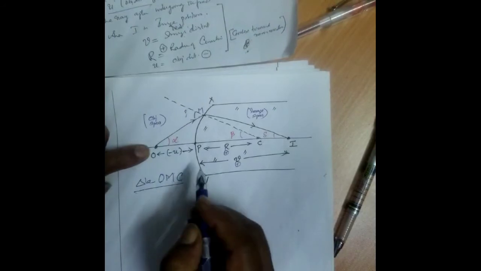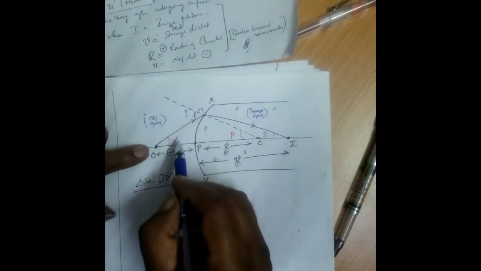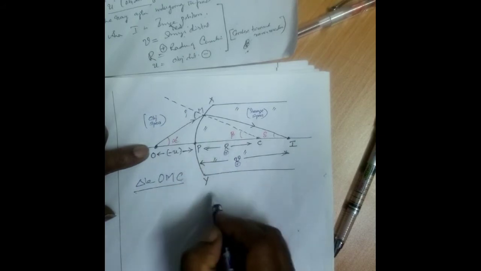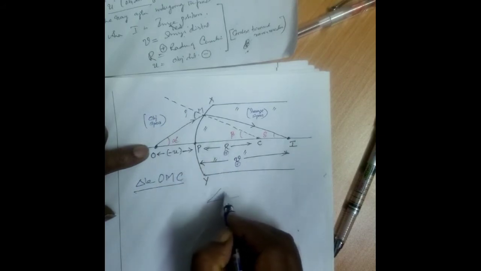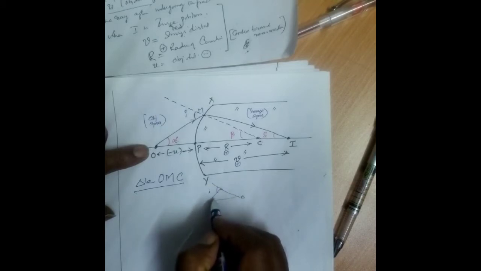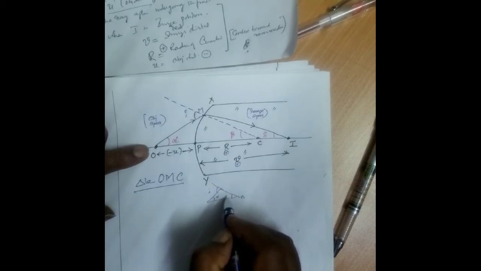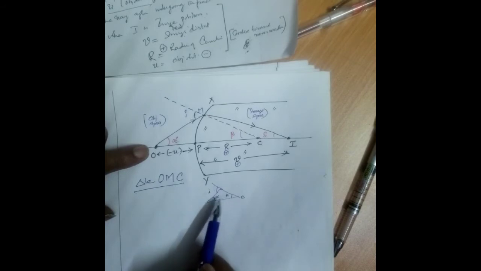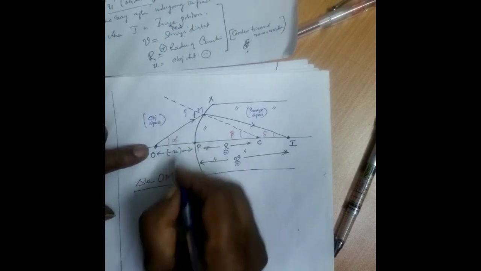From triangle OMC, you see, this is an exterior angle. I is equal to alpha plus beta, is it not? That means from this triangle, see, this is I, this is alpha, this is beta. Exterior angle is the sum of the opposite interior angles. Therefore, here what do I write?